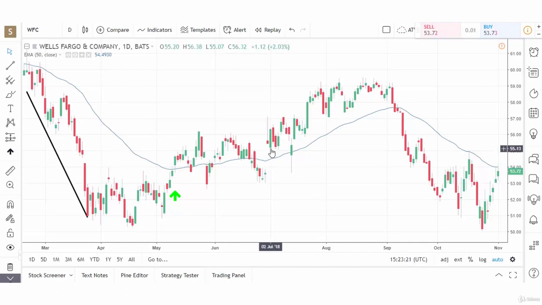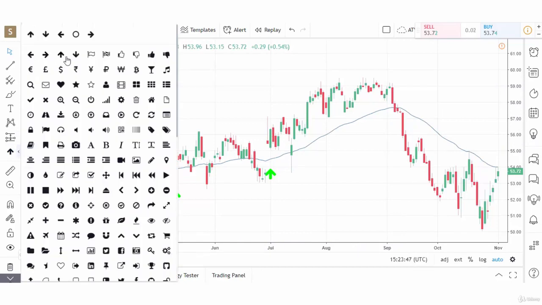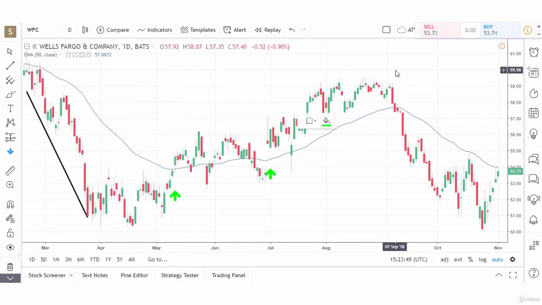And then the stock moves above the EMA again here in June. Closes above the EMA in July, so we're still above and we're still long the stock. And we get a move from around the 55 level up to around 59 before the stock gives us a sell signal here in September, and then Wells Fargo moves to the downside.